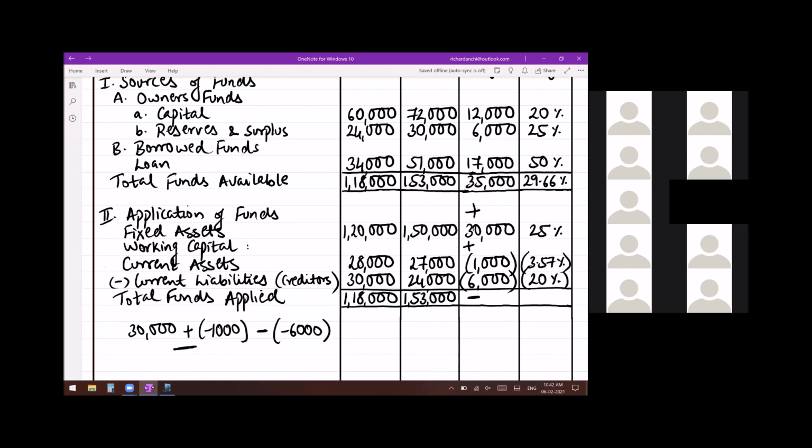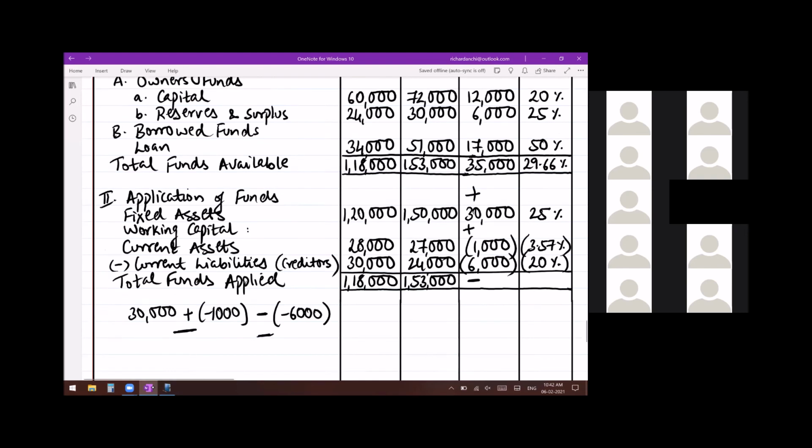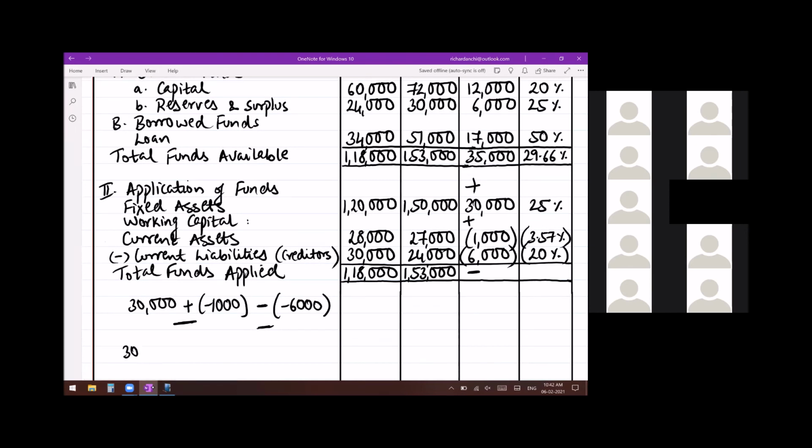Your fixed asset plus current asset and minus current liabilities. So if you solve it further, it will be 30,000. Then plus into minus, that is minus 1,000, and minus into minus, that is plus 6,000. So if you add up, that also amounts to, is it 35,000? It has to match your assets and liabilities.